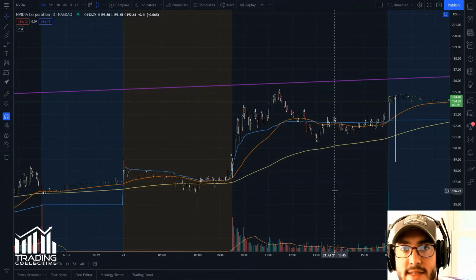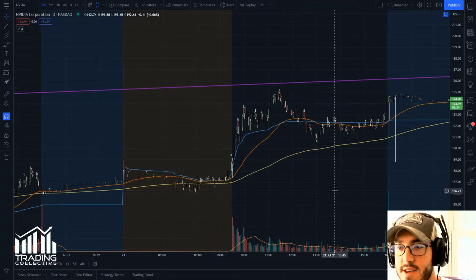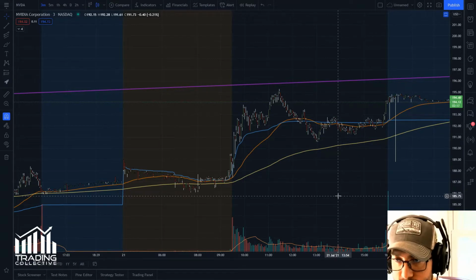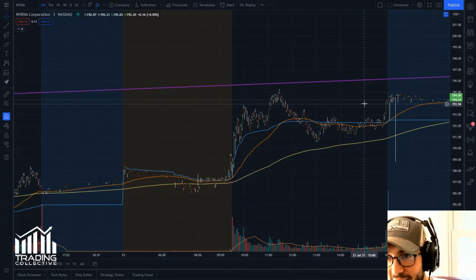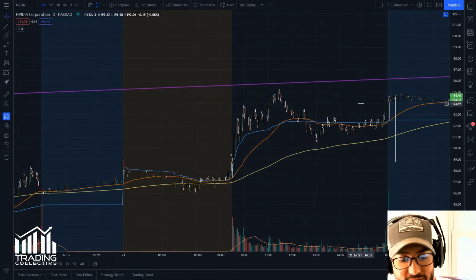And we're knowing that that is going to be a resistance point. And I think this is a really good example of having overall trend resistances. Right now NVIDIA's up. Right now we're seeing some price action struggle between this support and resistance right here.